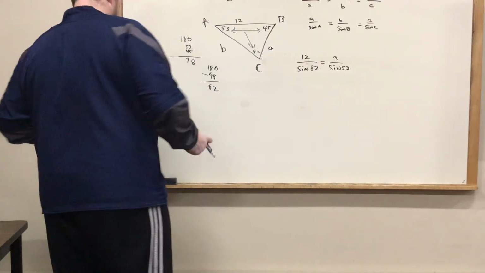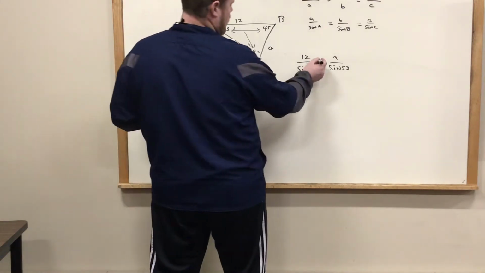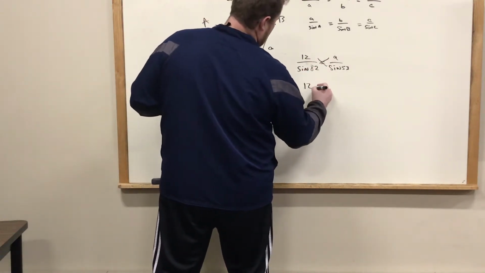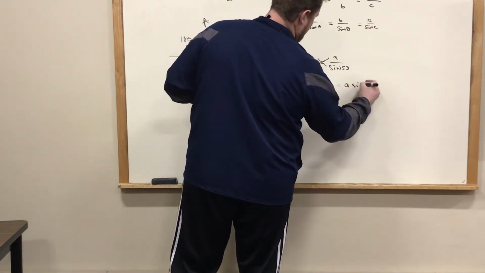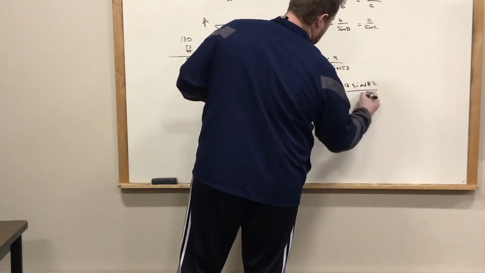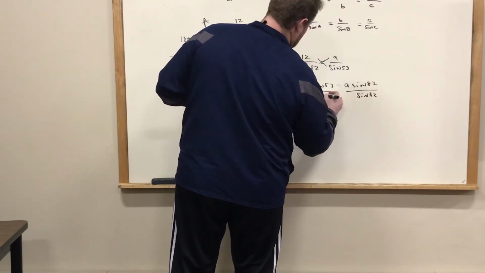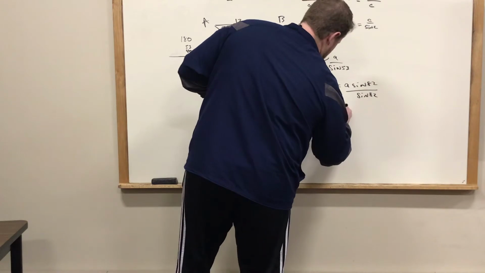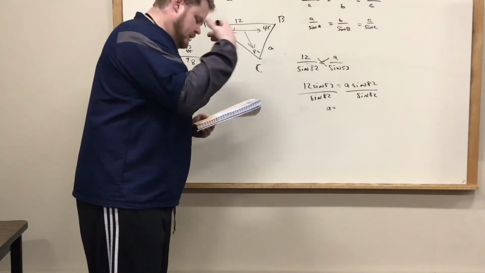So what do we do to solve? Well, very simple. Cross multiply: 12 sine 53 equals a sine 82. Divide by sine 82. So a equals, take it in your calculator now. What is sine 53?